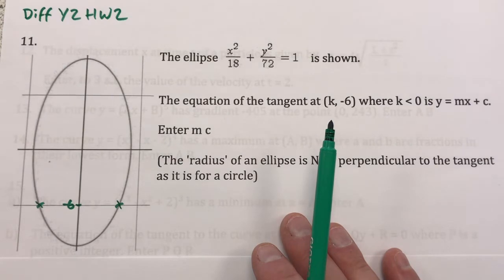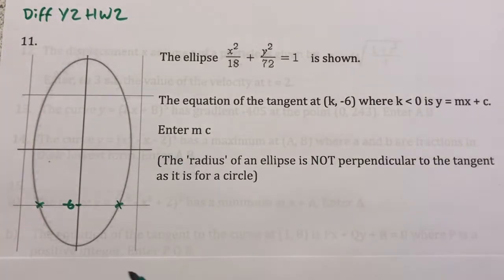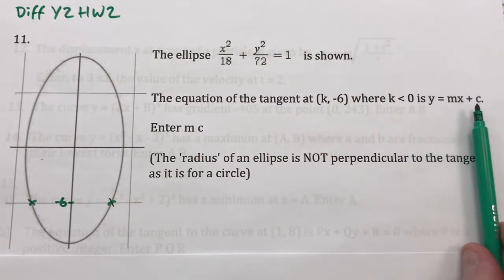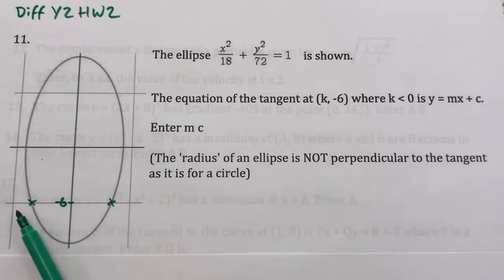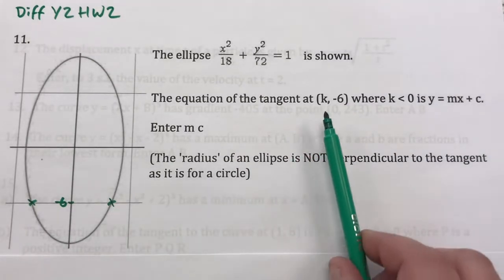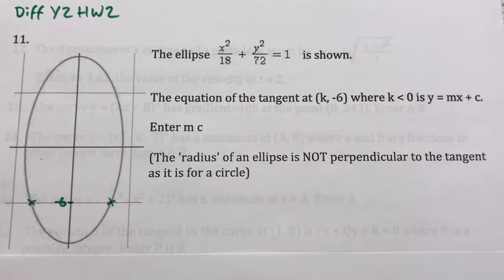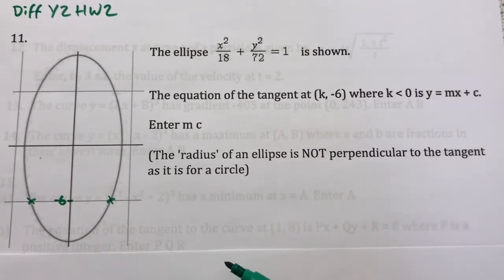Okay, so by looking at the picture, when we're trying to determine y equals mx plus c of the tangent at either this point or this point, we're expecting on that journey to get plus or minus values for our x and plus or minus values for our gradient.